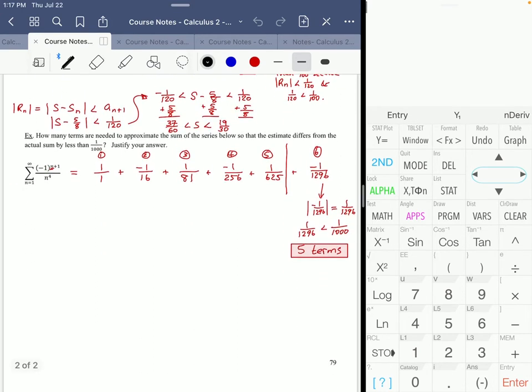In fact, this is a pretty decent example right here, where if I want the difference between the actual sum and the approximated form to be less than 1 in 1,000, what I would do is keep track of the decimal value of each term of the partial sum and compare that to the original given value, which in this case is 1 over 1,000 in decimal form, and see which one's bigger. Then once I get to a point where I've achieved my goal, I would stop accounting for particular values.